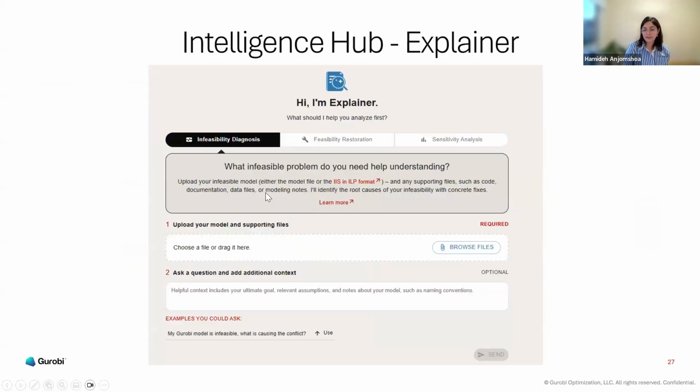And when you click on Infeasibility Explainer, what's happening? This is infeasibility diagnosis, feasibility restoration, and sensitivity analysis. This is what I was explaining so far. What is IIS? You can upload your LP format file here and then start a dialogue.